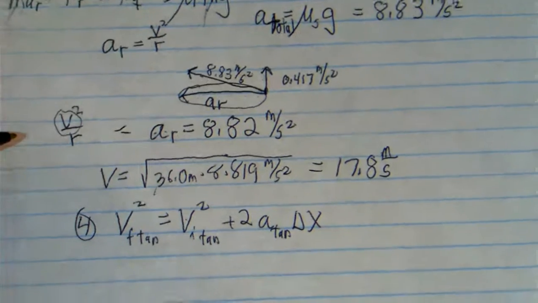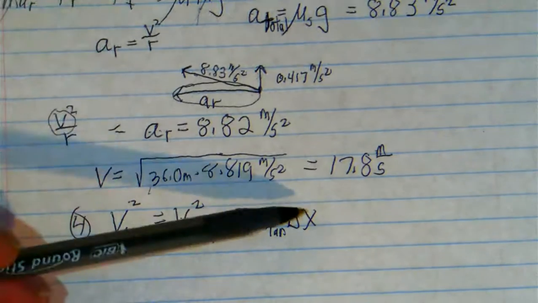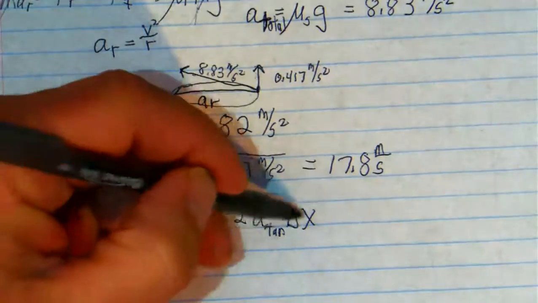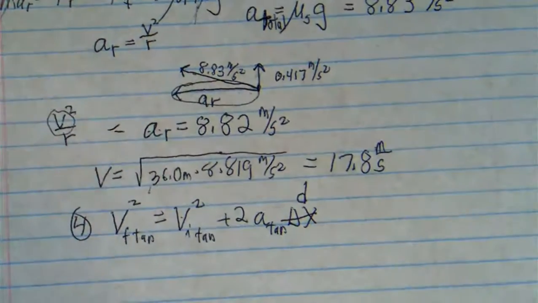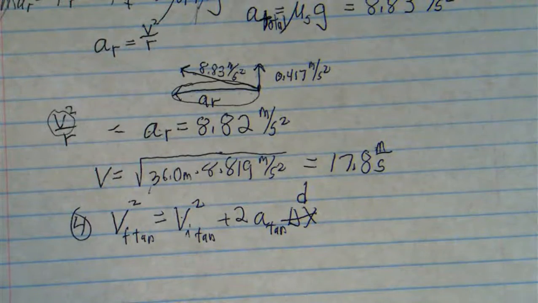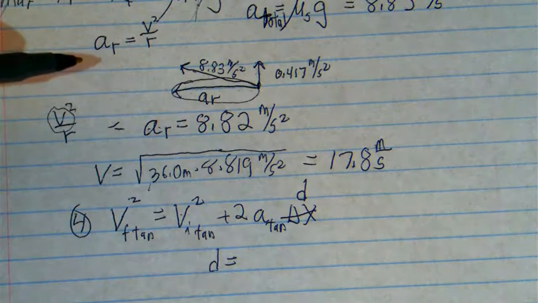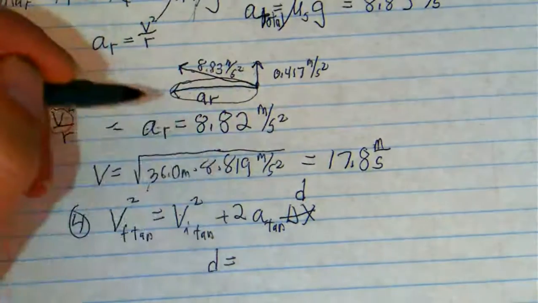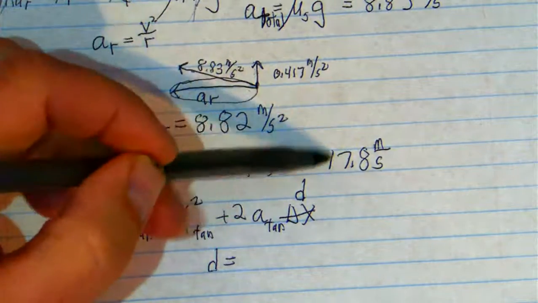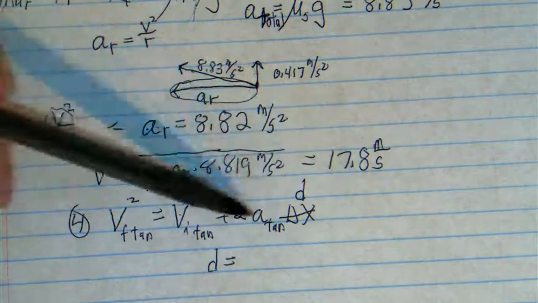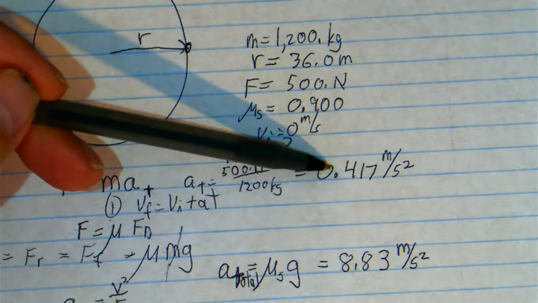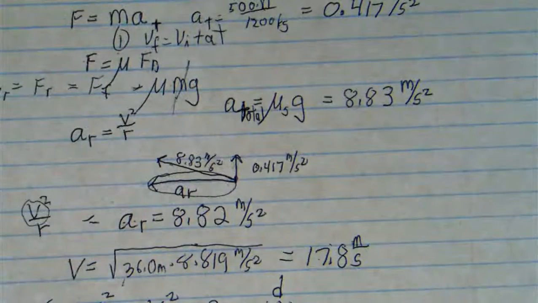I still think I'm doing this correctly, but this will be the distance, I'll call it d, that it travels around the track. When I solve for d, I'm going to be doing 17.8 squared, 17.8 meters per second, squared, divided by 2, divided by 0.417 meters per second squared.